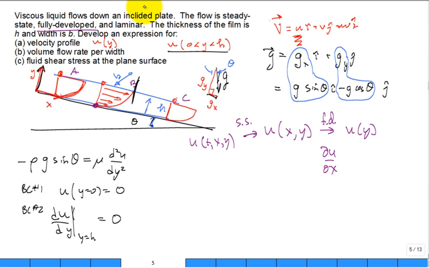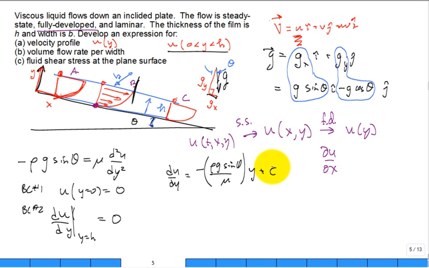We're going to separate and integrate once. du dy is equal to negative rho g sine theta over mu. That whole term just acts as a constant. Then you integrate and you pick up a y plus a constant of integration, true?